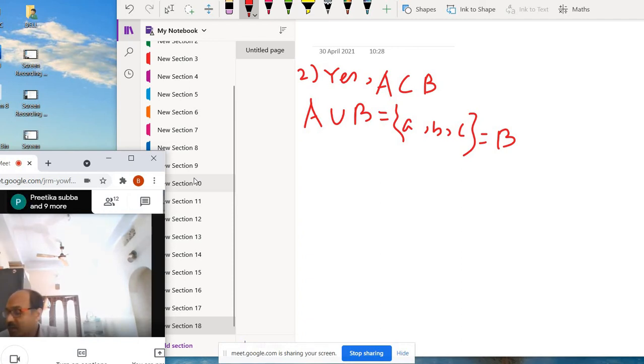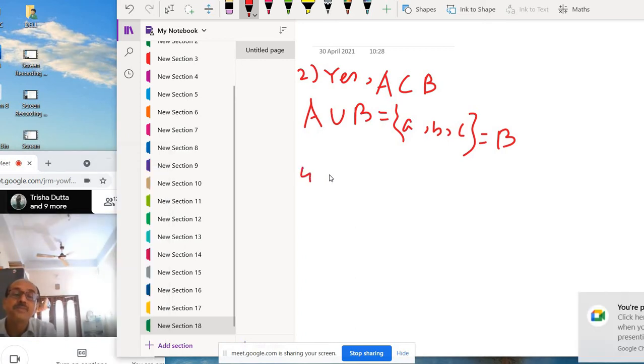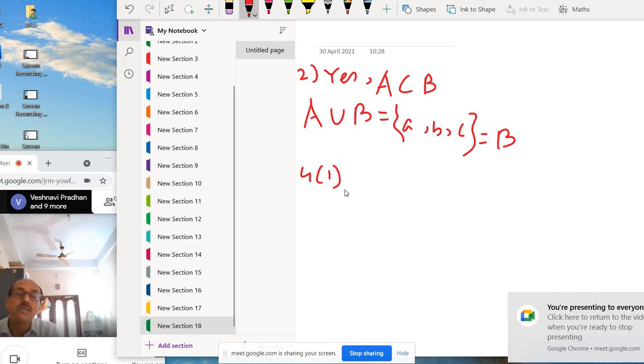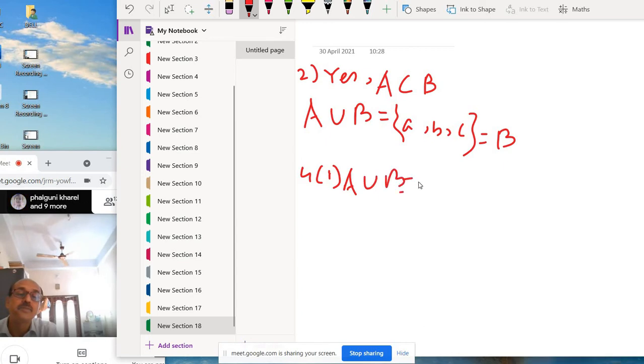So A union B equal to 1, 2, 3, 4, 5, 6. All the elements of A and B. So 1, comma 2, comma 3, comma 4, comma 5, comma 6. This is A union B.